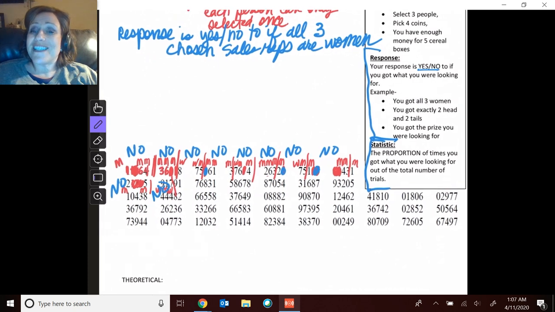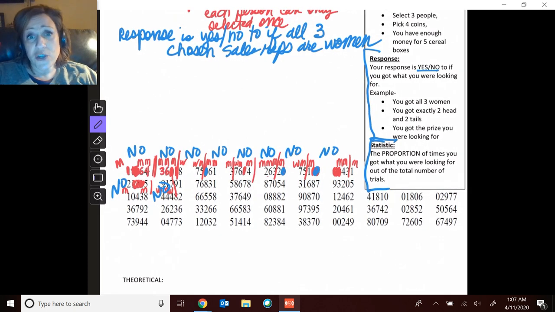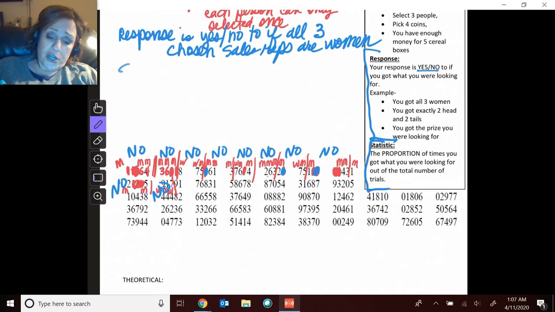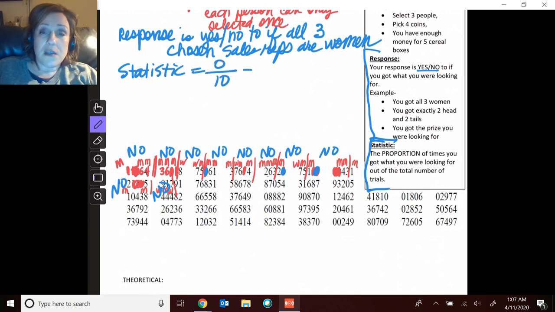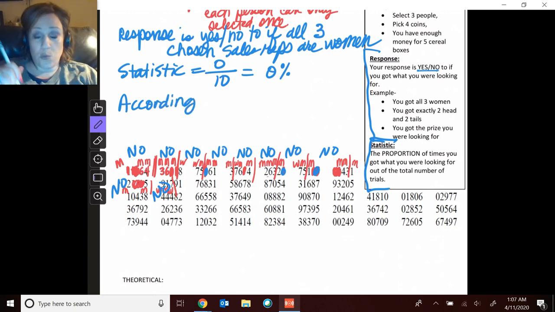So our statistic is going to come from the proportion of times we got what we were looking for out of the total number of trials. In our case, our statistic was 0 out of 10. 0 out of 10 were all 3 women, so that's a 0% chance. So, according to your simulation, about what does this show? Don't forget to talk about it.